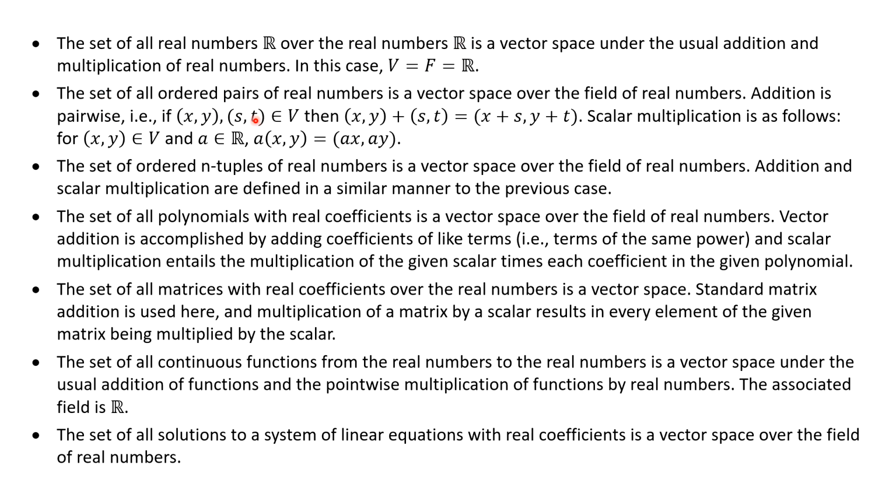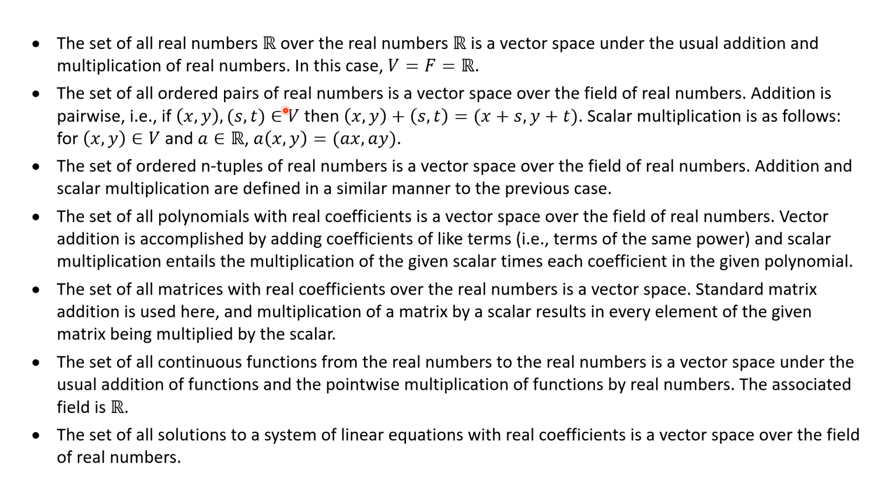The set of ordered pairs of real numbers is a vector space, and this is something you may have seen in physics, maybe in high school or college. So here you have 2 ordered pairs, and the addition is component-wise, and scalar multiplication is the same way. You just multiply a scalar times each element in the ordered pair.